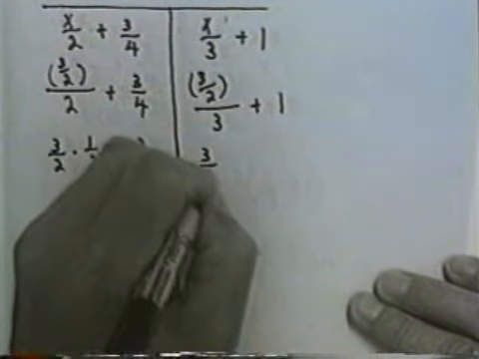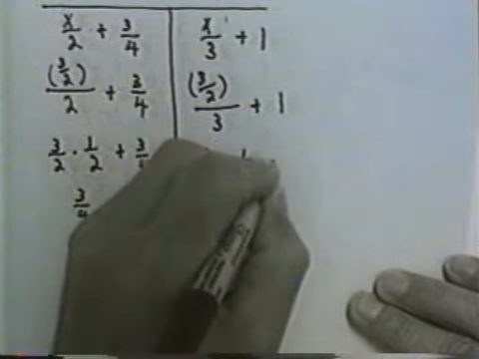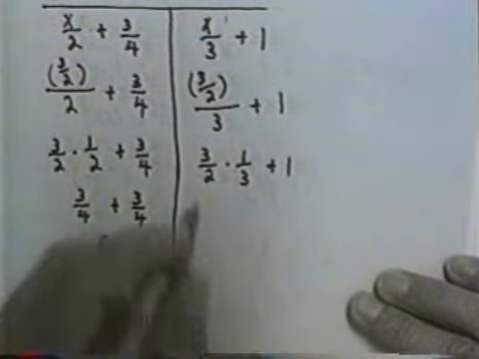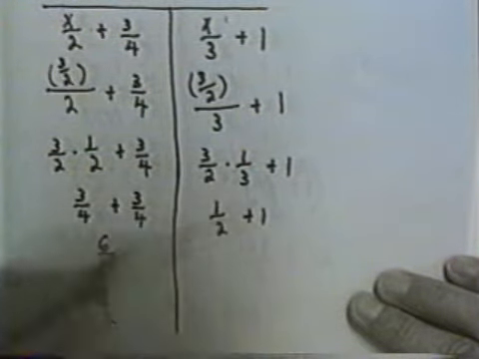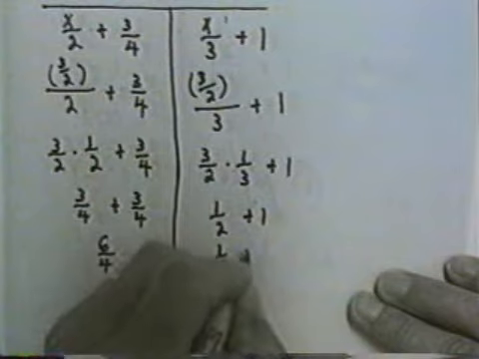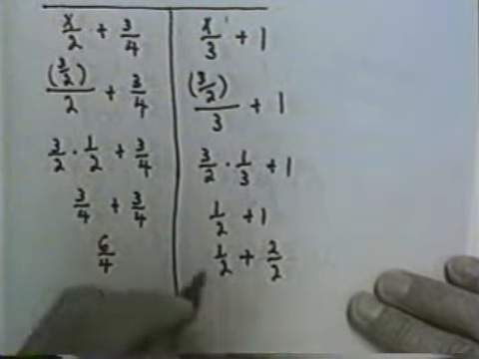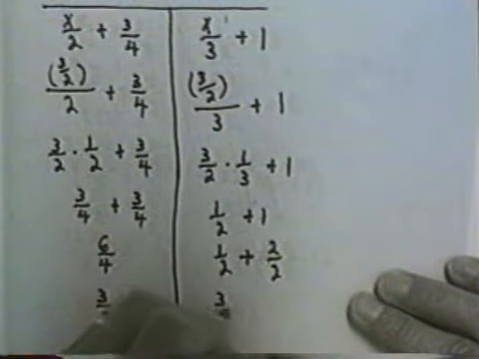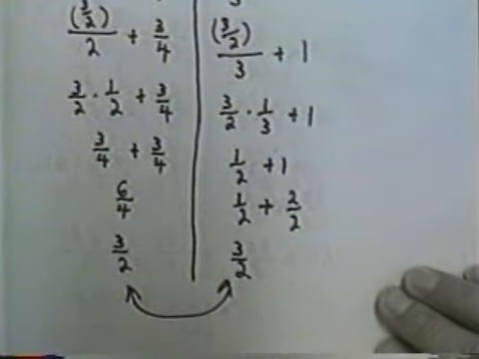That would be the same as 3/2 times 1/3 plus 1. The 3's will cancel. That leaves me with 1/2 plus 1, which is 1/2 plus 2/2 when I get a common denominator. 1/2 plus 2/2 is 3/2. So the two sides match, so therefore I know I solved it correctly.